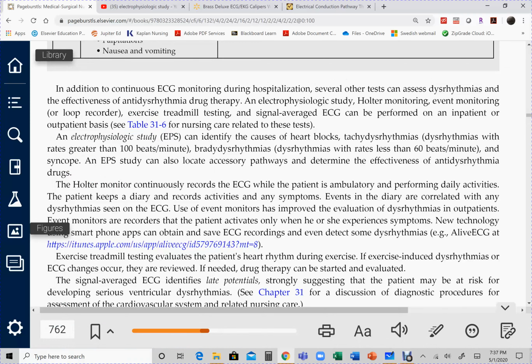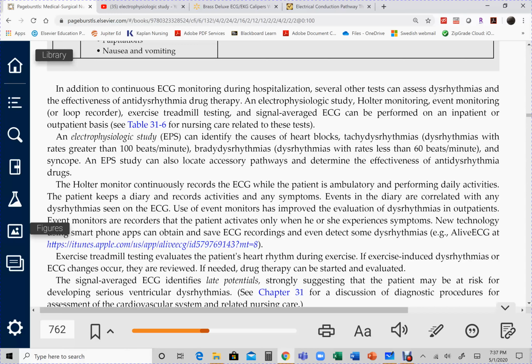They map out the electrical activity of the patient's heart. So they do catheter ablations there. Because it's a cath lab setup, catheter ablation is done via cardiac catheterization, so they are capable of doing that. Anyway, so I mentioned they map it out.